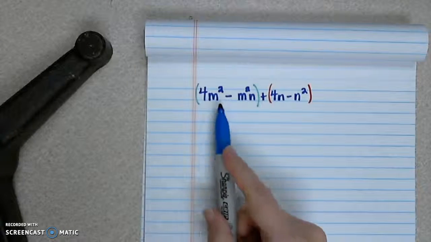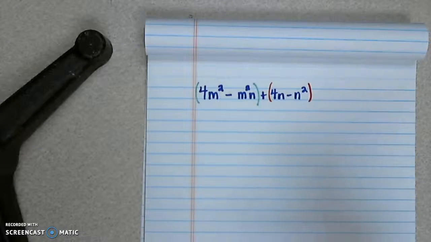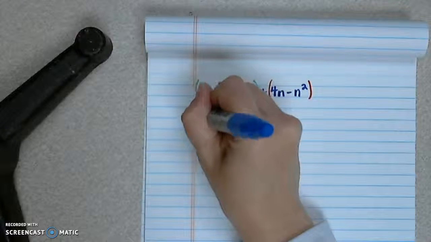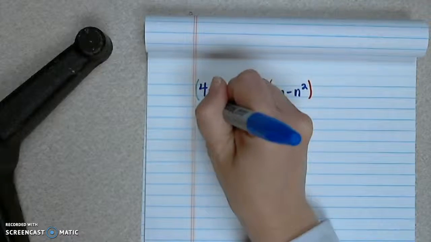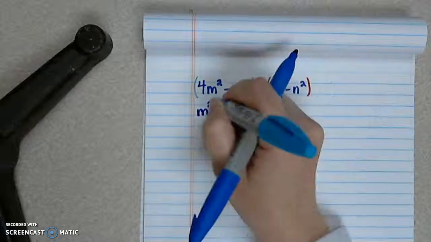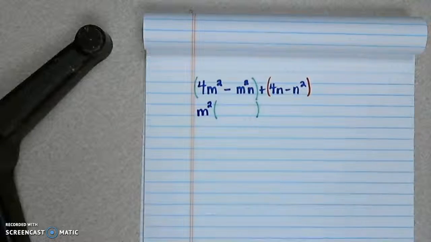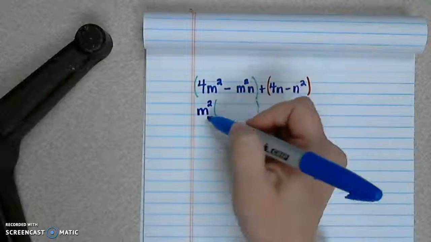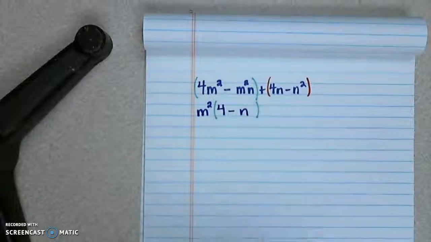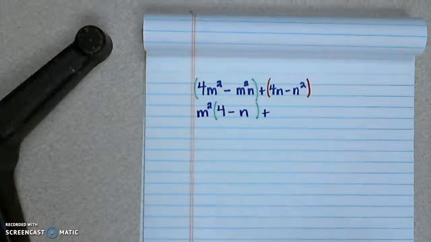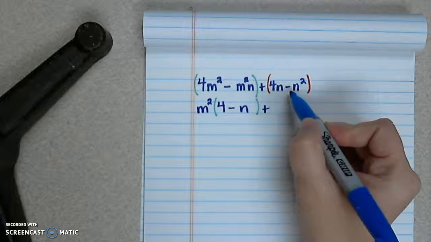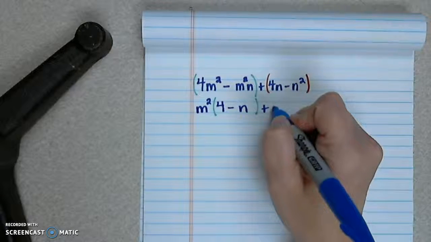Now we're going to look at the first group here and factor out the GCF. Letter-wise, they both have in common an m with the smallest exponent of 2. And when I factor out the m squared, I'm left with 4 minus n. Plus, I have 4n minus n squared, no numerical GCF, but they do have in common an n.